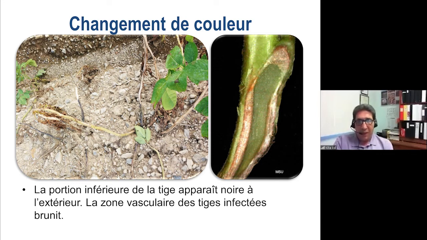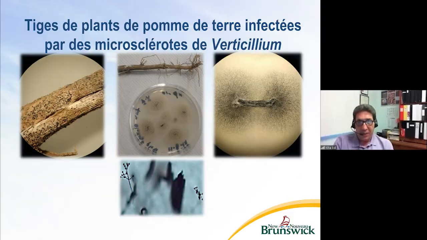Now, in my case, just to verify whether I'm looking at verticillium wilt or something else, we did take some of the stems, as you see in this picture. And you see on the left hand where I have the arrows there, this is a stem that is infected and it has microsclerotia already on it.